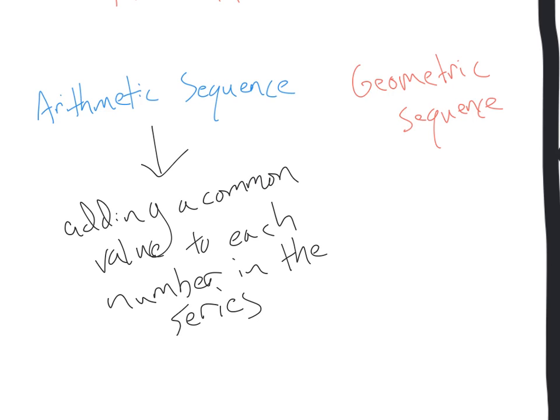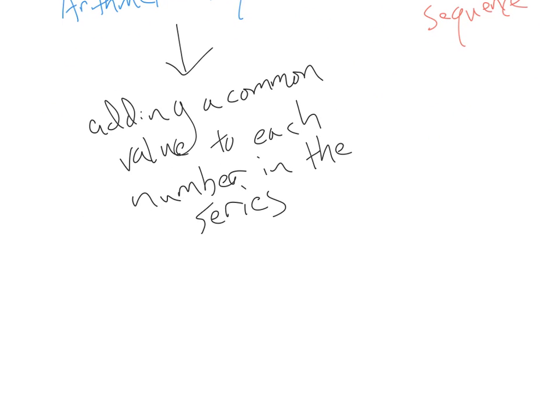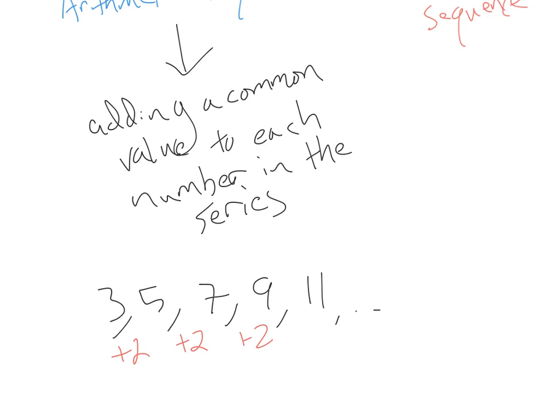So what do I mean by that? Well, let's say we have this example right here. 3, 5, 7, 9, 11. Well, what are we adding every time here? Well, we're just adding 2. So this would be an arithmetic sequence because we are adding a common value to each number in the series.